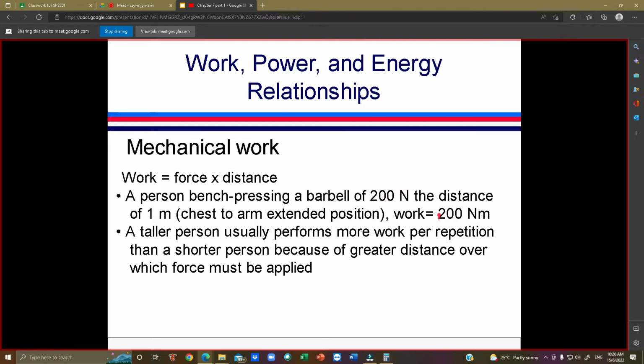Work done, the objective is actually similar, bench pressing, but orang A buat lebih, orang B buat kurang, simply because of the height. So in the work approach, distance plays a major role, determining whether you are going to do more mechanical work or less mechanical work.